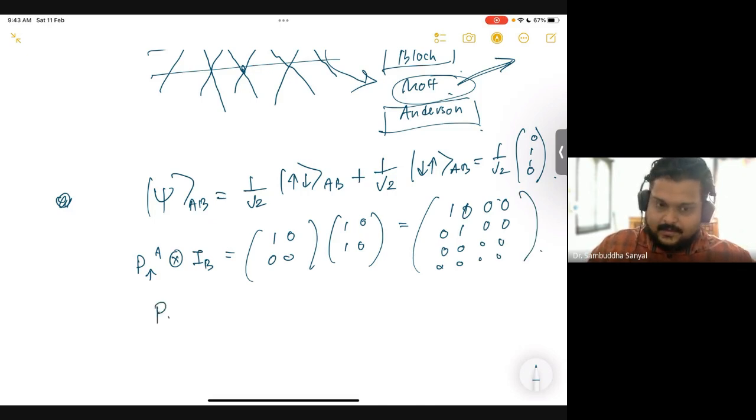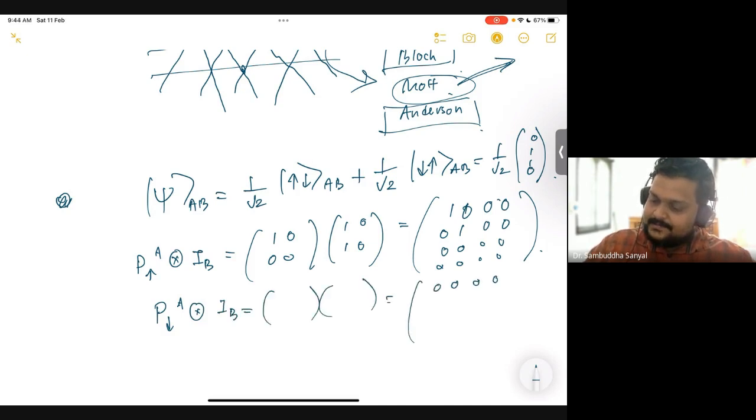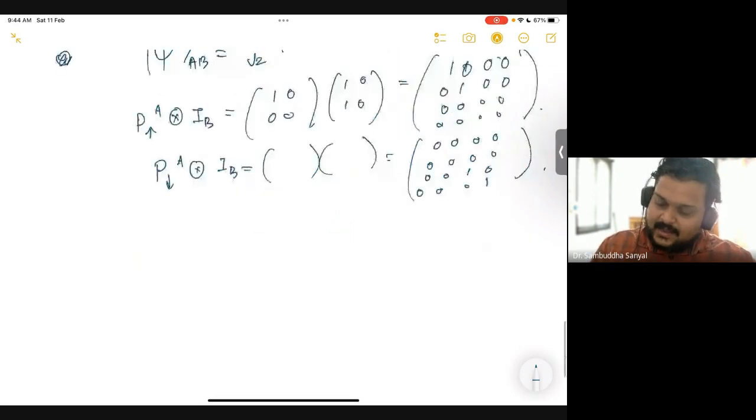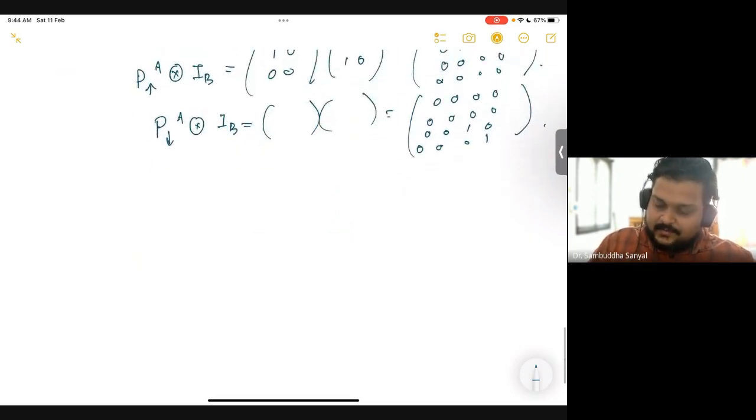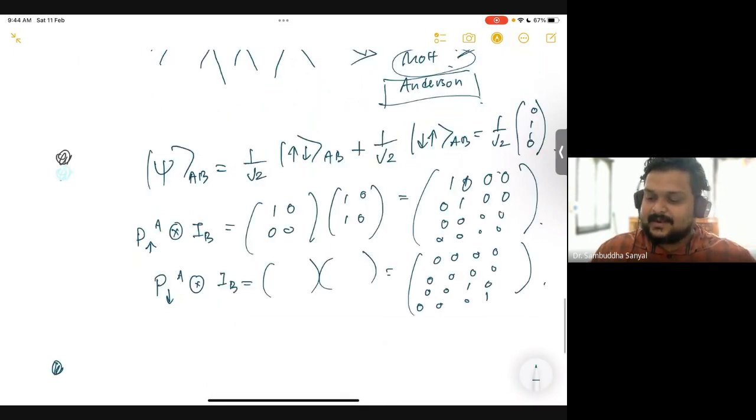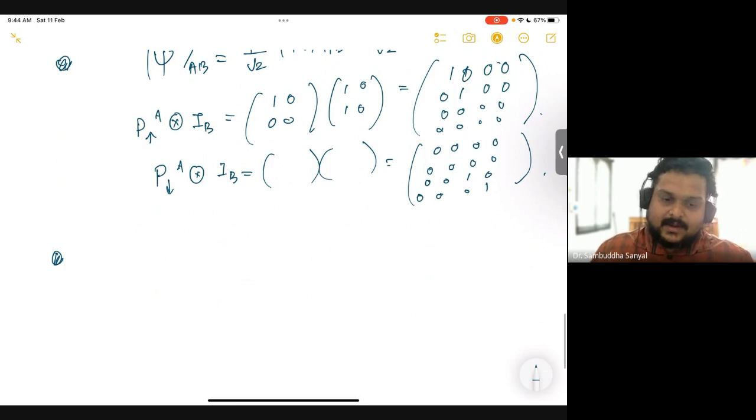Similarly, I'm not writing all this. Okay. So then I can ask this question: what is the probability? So now this is what I was telling you to do. Let us say I want to ask what is the probability that Alice will get an up spin.